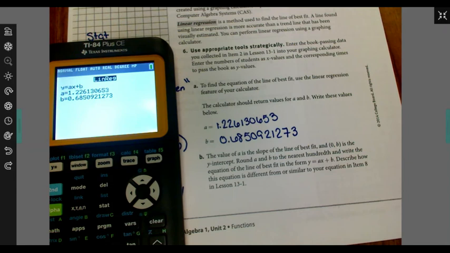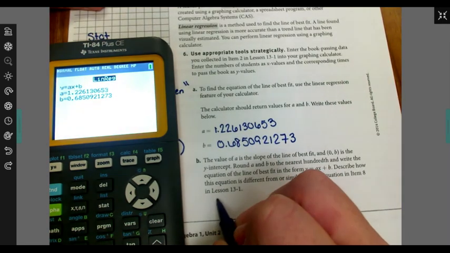Round A and B to the nearest hundredth and write the equation of the line of best fit in the form y equals ax plus b. Describe how this equation is different from or similar to your equation in item 8 that we wrote.